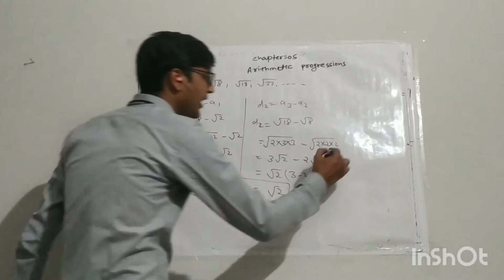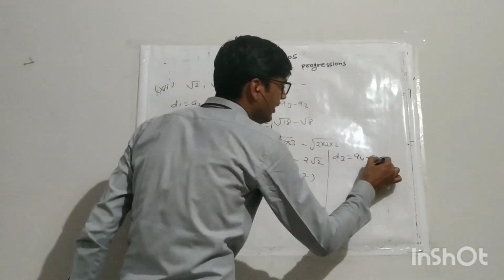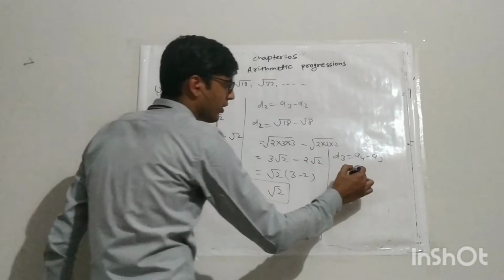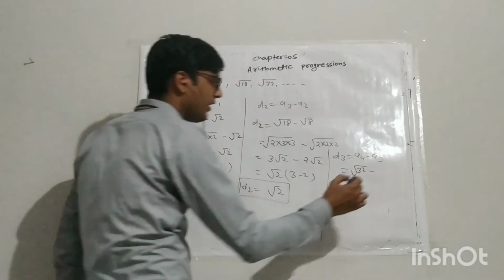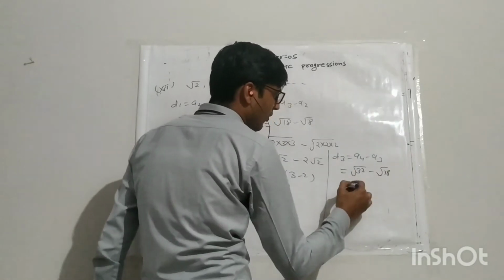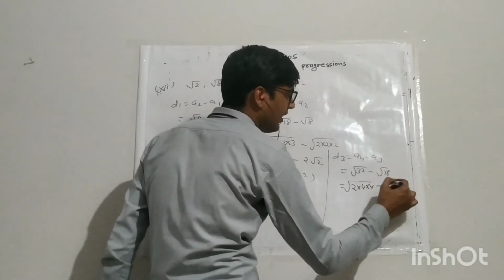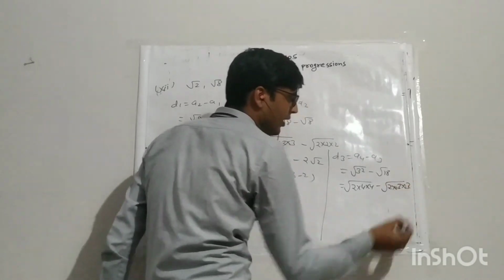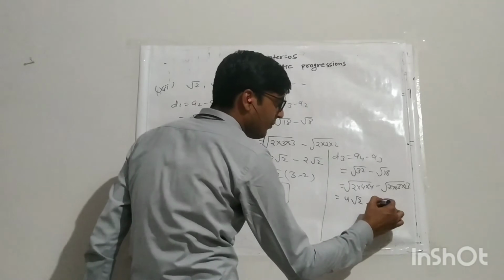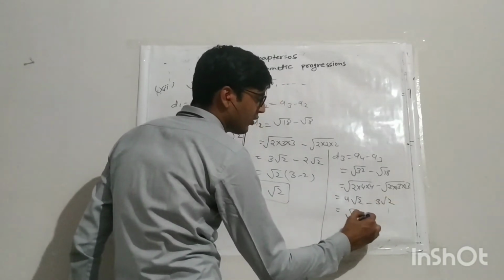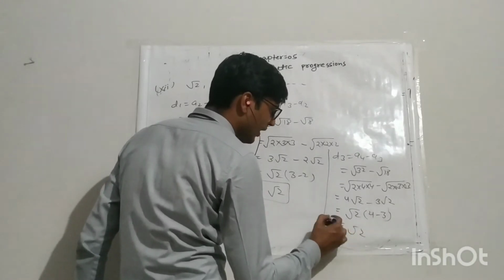So we find D3. D3 is A4 minus A3. The value of A4 is root 32 and the value of A3 is root 18. So we write 32 as 2 into 4 into 4 and 18 as 2 into 3 into 3. One pair is common, so 4 root 2 minus 3 root 2. Again we take root 2 as common, so 4 minus 3, so it simply becomes root 2.